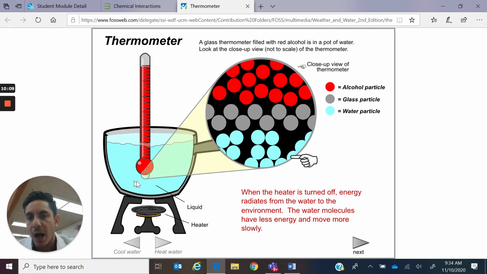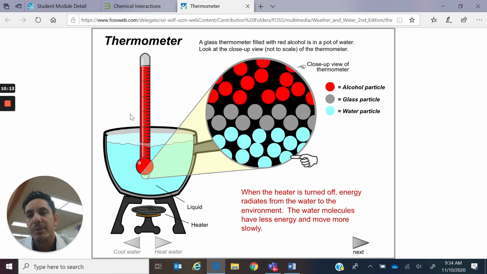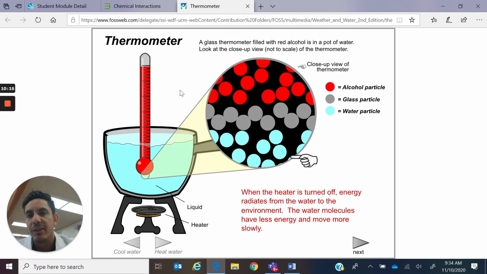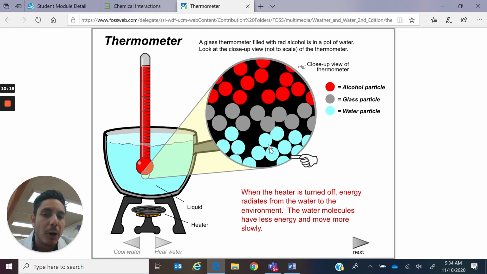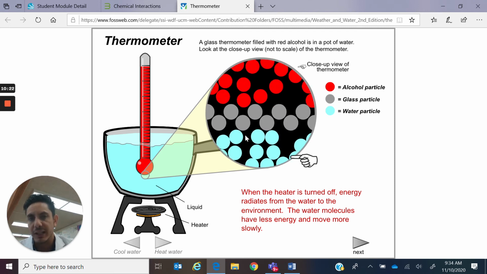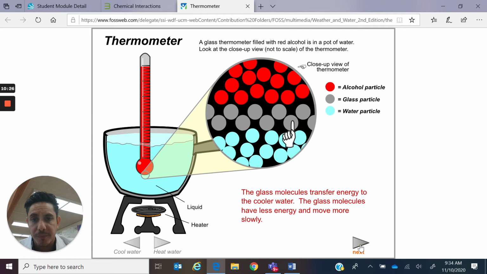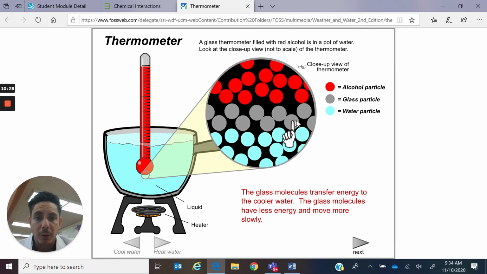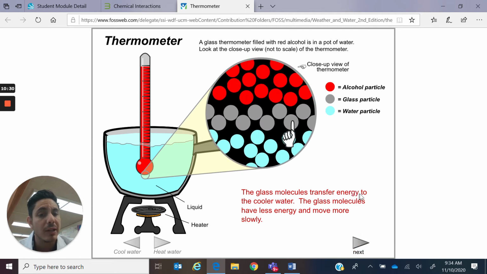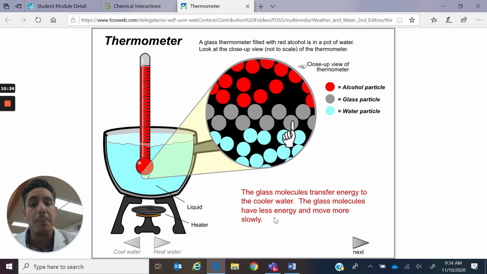So this hot water, because it's not gaining energy anymore from the heater, the energy begins to be lost into the air. And so these particles then slow down, and because their kinetic energy is decreasing, they're hitting the glass bulb, which causes that to decrease. And so those particles now slow down. So the glass molecules transfer energy to the cooler water. The glass molecules have less energy and move more slowly.